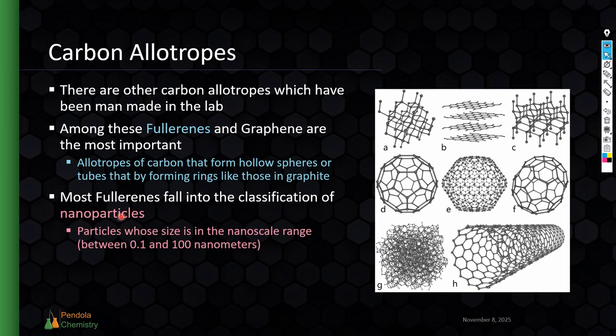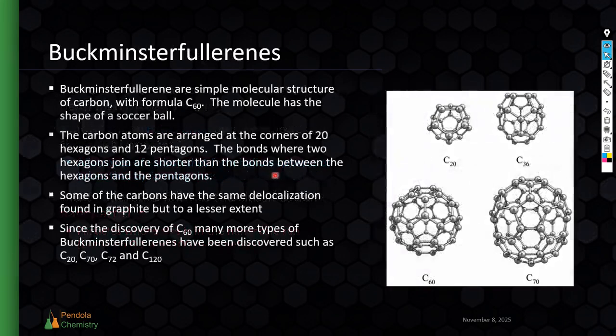Nanoparticles are essentially any particle whose size is in the nanoscale range, usually between 0.1 and 100 nanometers. So, spheres and tubes made out of carbon that fall into this nanoparticle range are what we call the fullerenes. So let's talk about the fullerenes first, and then we'll talk about the other allotrope, which is graphene.